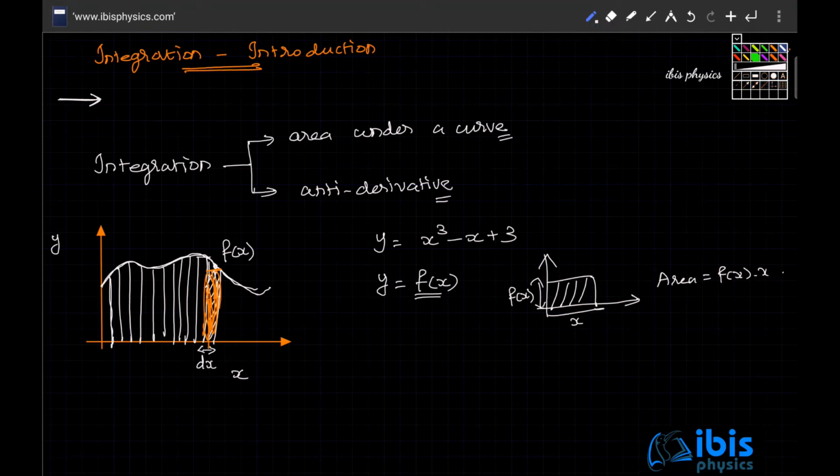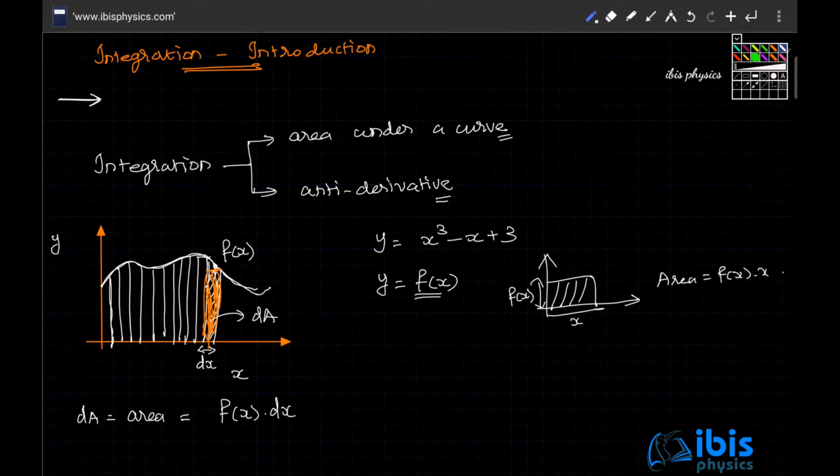That is the area of this small portion. Let us call it dA. So dA is the area of the small portion, equal to f of x, which gives you the height of the curve at that point, and dx is the base.